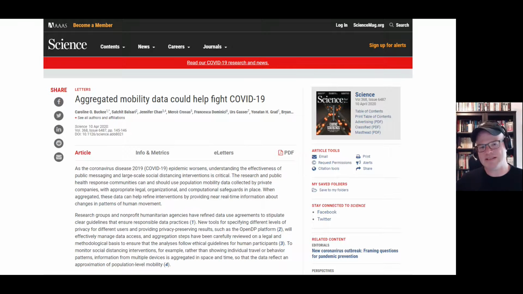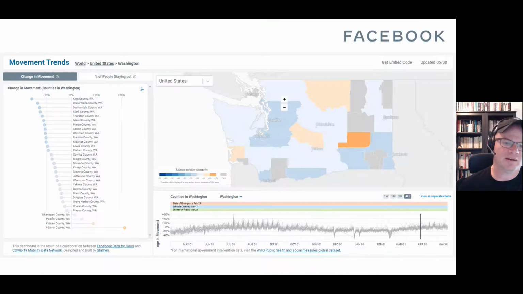Subsequent to this type of event, where we're attempting to develop and implement a rapid epidemiological model for disaster response, the same group that convened that began to work on understanding how to implement mobility for social distancing.